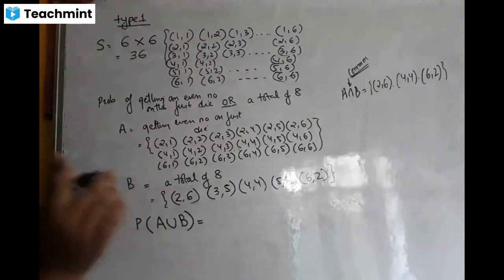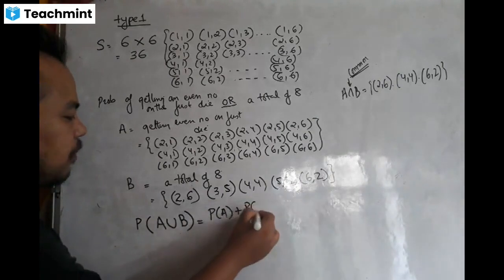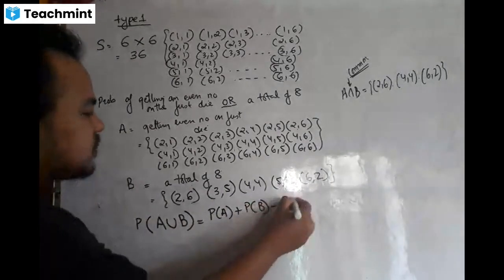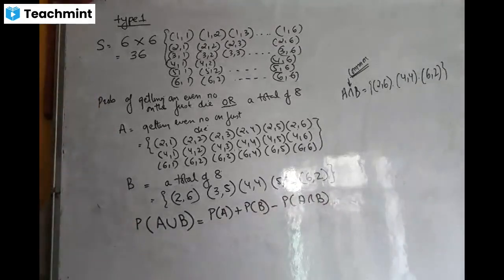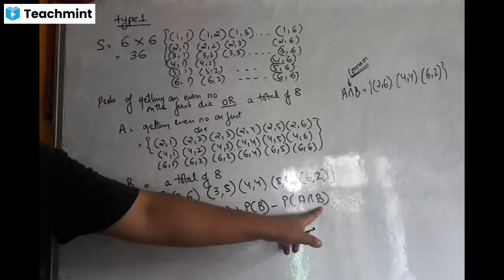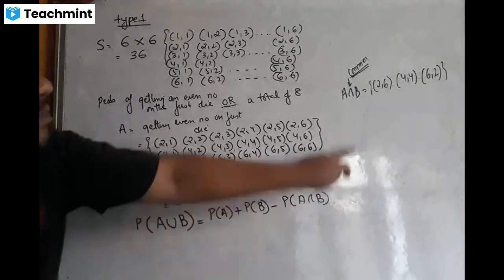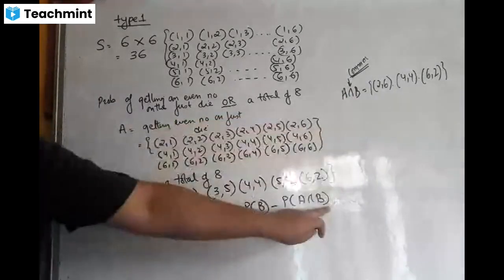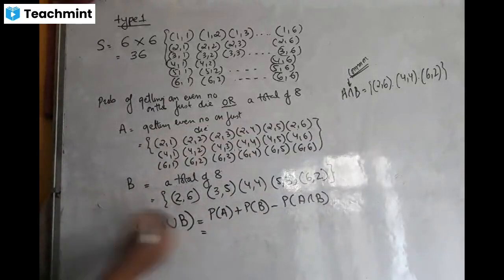Since they are not mutually exclusive, we use the first formula which I gave you: probability of A plus probability of B minus probability of A intersection B. Suppose there was nothing common between them, then the probability of nothing means 0, so this part would vanish. But A intersection B has some elements, so this part will not vanish. Now just put the values. What is the probability of A?